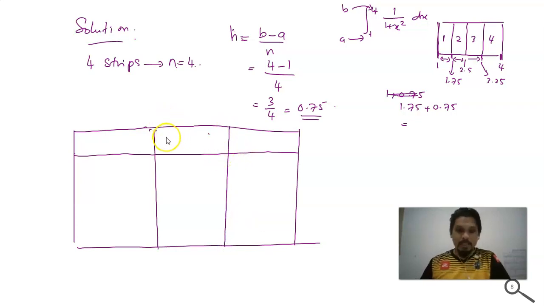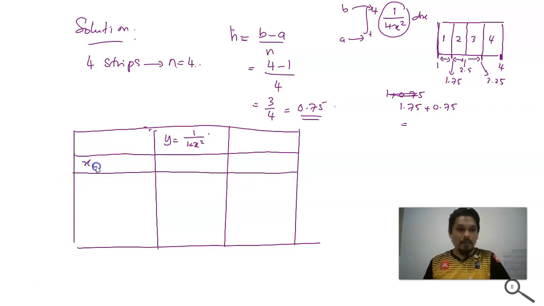This is our y, equal to 1 over 1 plus x squared, and 1, 2, 3, 4, 5 columns.